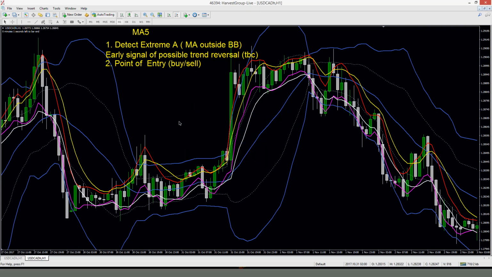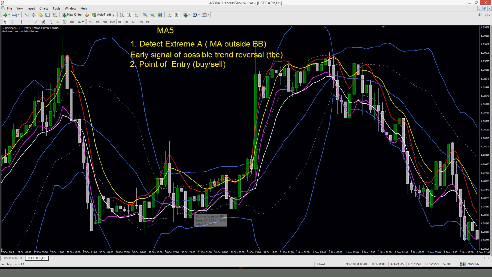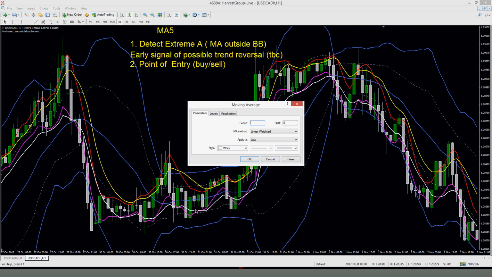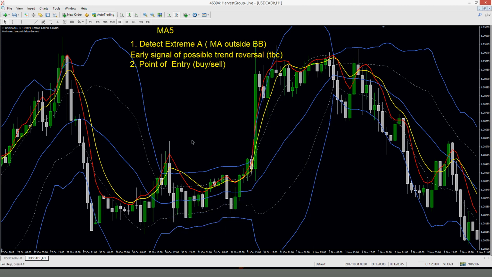Let me just delete the buy indicator for now. Let's focus on the sell indicator first.